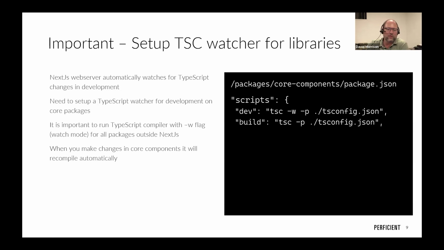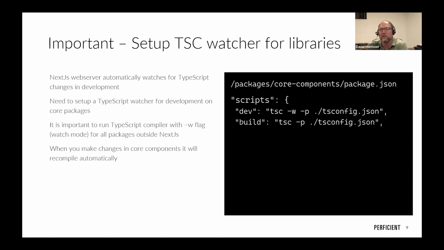The one thing I really wanted to call out is that Next.js provides a hot reload mode out of the box, and we want to do the same thing for our core components. So we're going to use a special flag on the TypeScript compiler for all our core components in order to watch for changes.